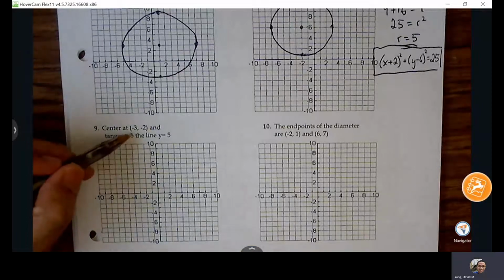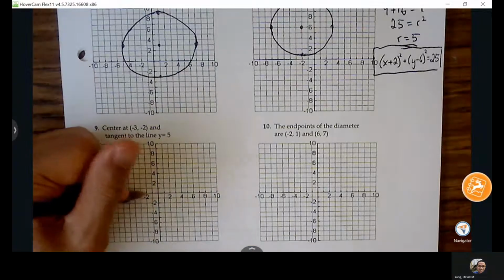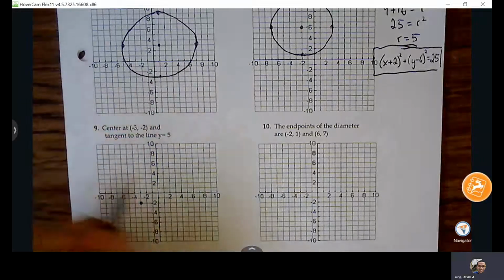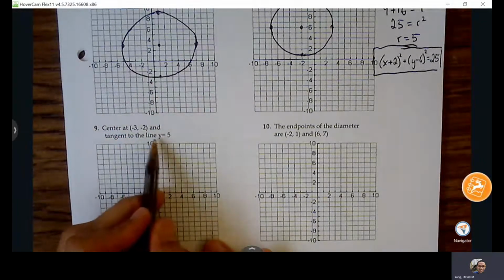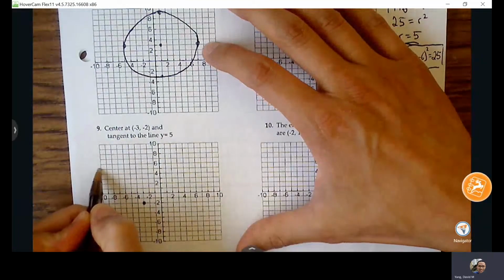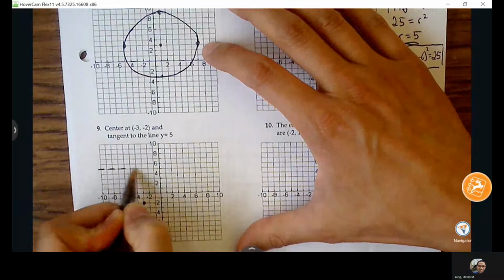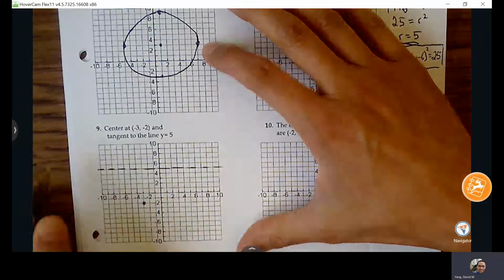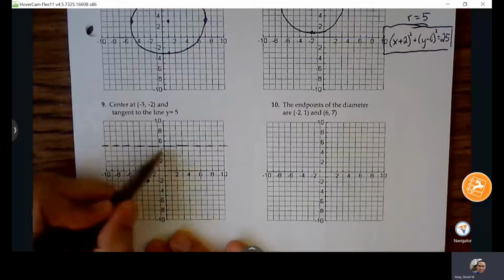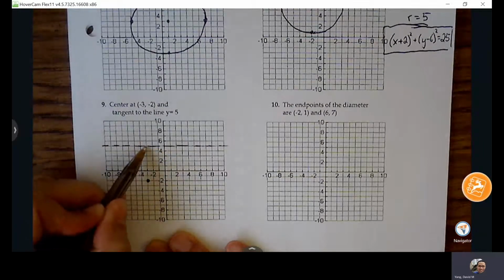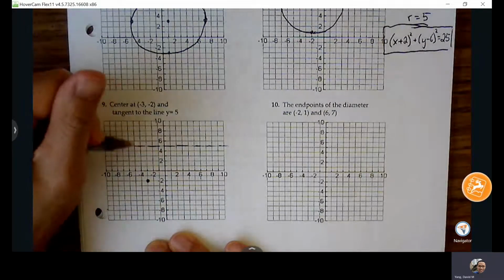So plot my center, -3, -2. So tangent to the graph of y = 5. So I'm going to just sketch that horizontal line there. So if the circle is going to skim the surface, we know that there's going to be a radius, there's going to be a point directly at that point on that line.